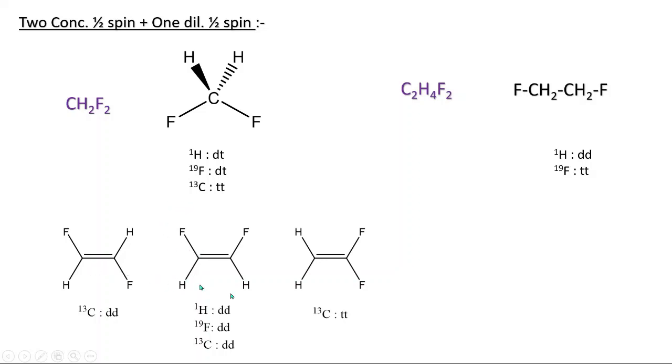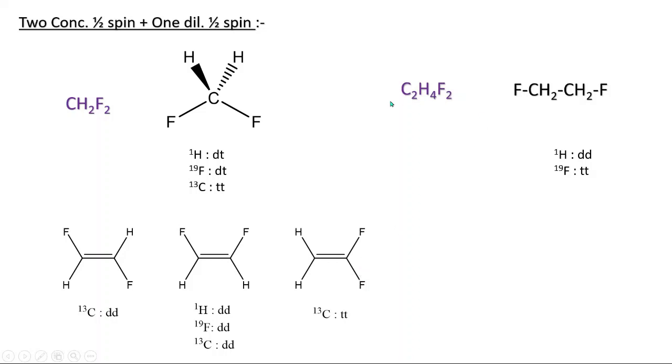Similarly for this one, likewise this. Now the last molecule, with hydrogen, hydrogen, fluorine, fluorine, considering the carbon 13 only, is symmetrical. You can pass a symmetry plane through it horizontally. So this carbon will give a triplet and this carbon will also give a triplet, so triplet of triplet is what we expect.